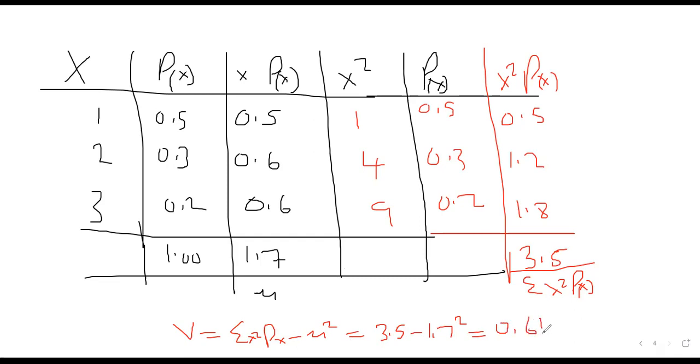Can somebody take us back? How did we find the mean, given the random variables x and the probability of x? Any questions? How did we find the mean, 1.7? Yes, Nana?